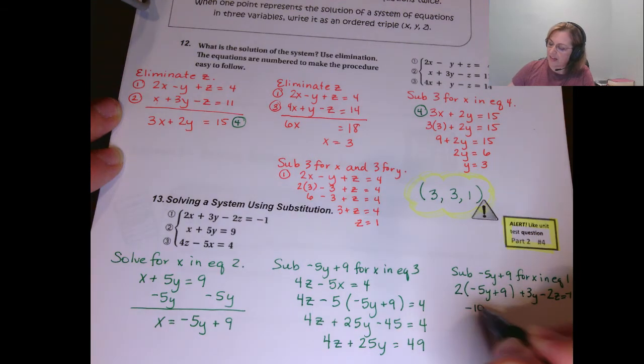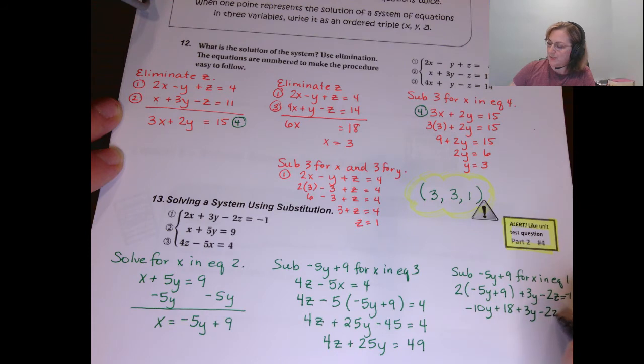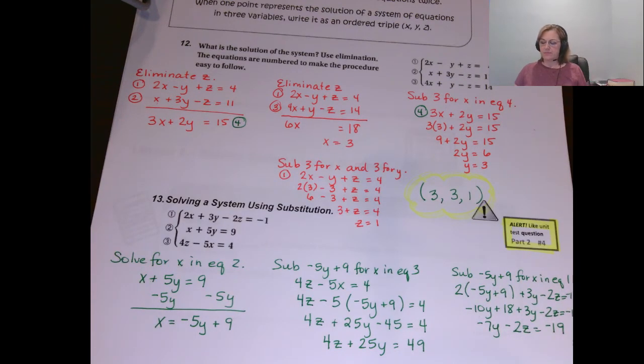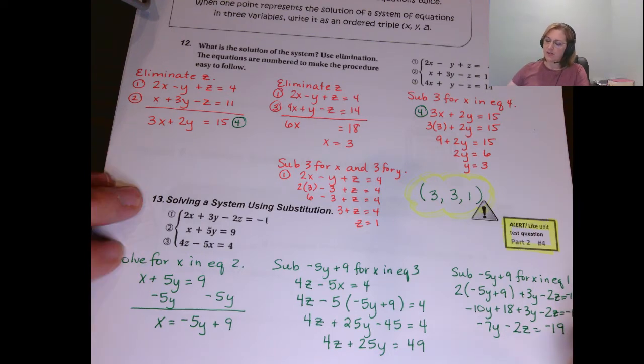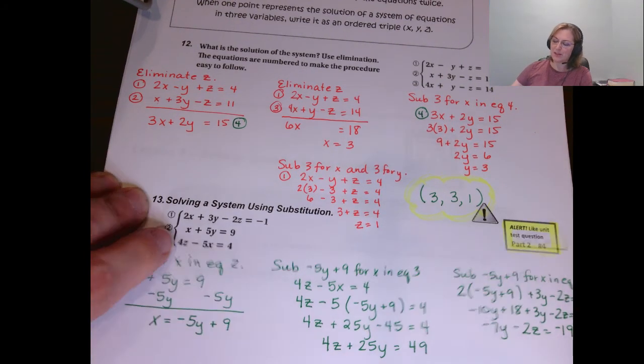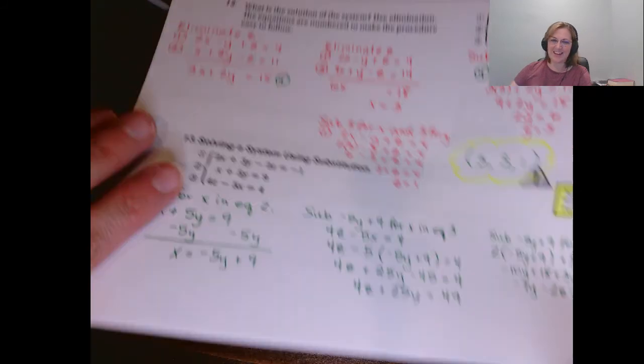That gives me negative 10y plus 18 plus 3y minus 2z equals negative 1. Combine your like terms here, giving you negative 7y minus 2z, and I'm going to subtract the 18 to the other side. So these equations do not look nice, do they? Substitution a lot of times can do that to us. So it's probably not my first method of choice, let's put it that way.